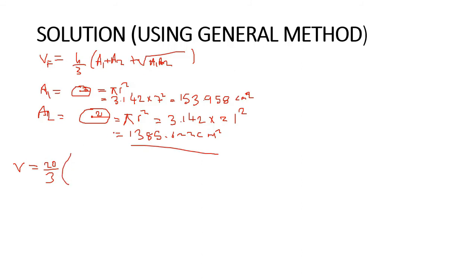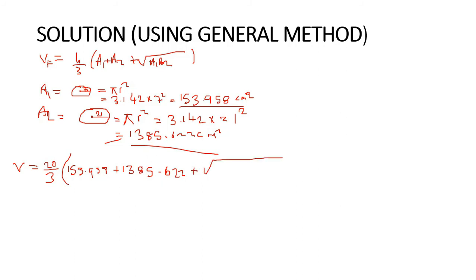Then you put your A1, the one we have found here, 153.958, plus you add this one, 1385.622, then plus, then you open the square root.